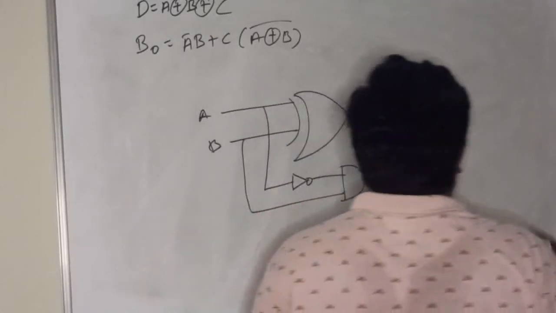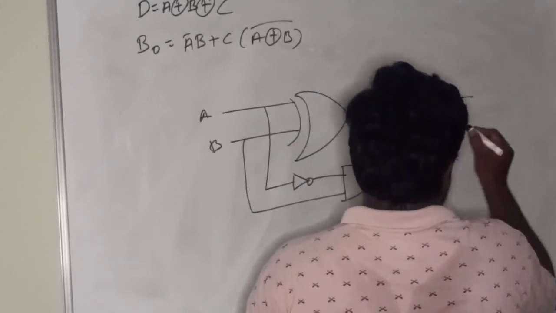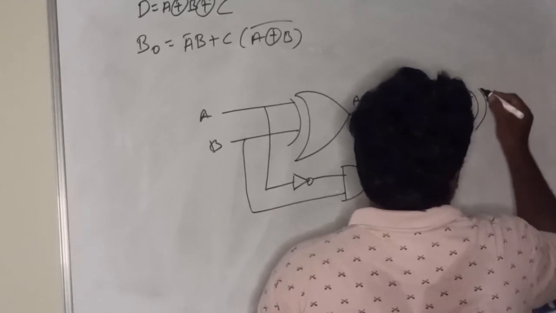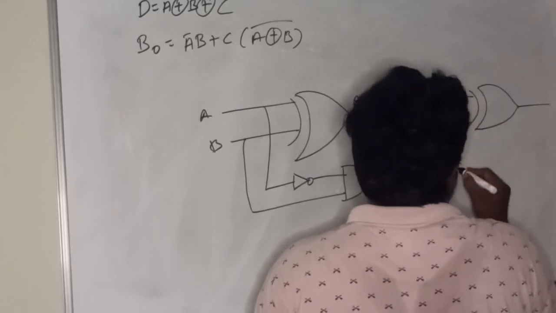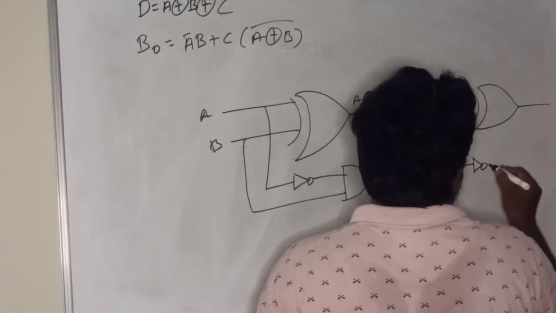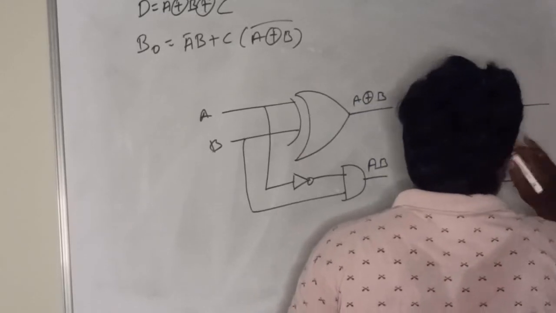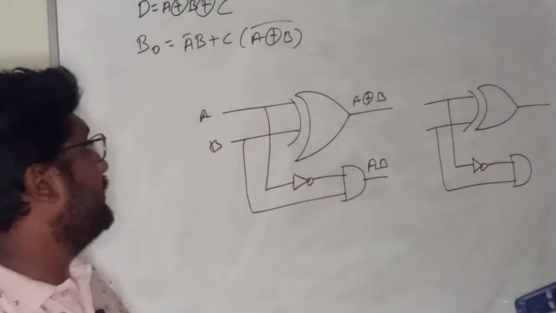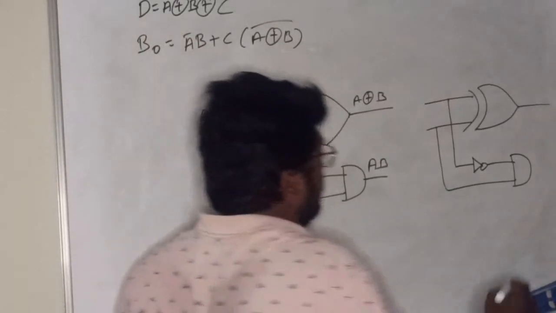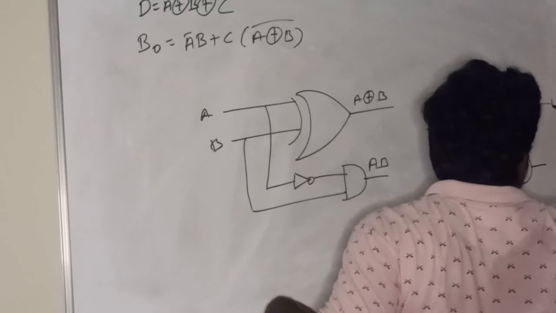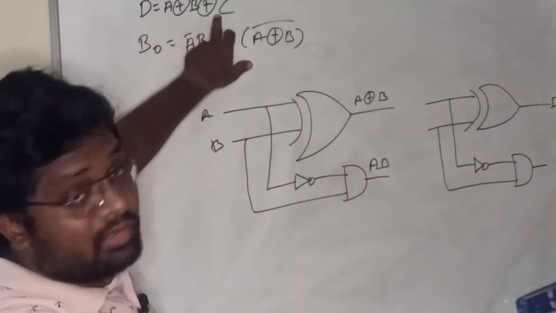And using one more half subtractor, this is the second half subtractor, right? So now I have the difference D.